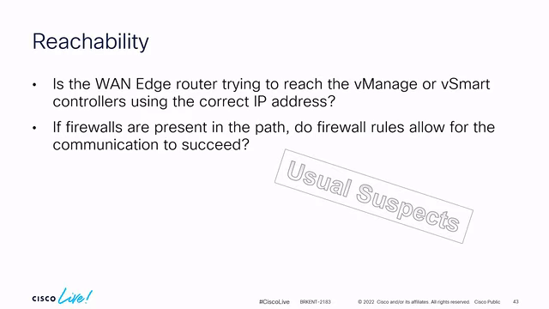And then again, firewalls come up yet again. If firewalls are present in the path, do the firewall rules allow for that traffic to happen? I also included another hidden slide for firewalls because you might want to study that. There's a lot of information in there.